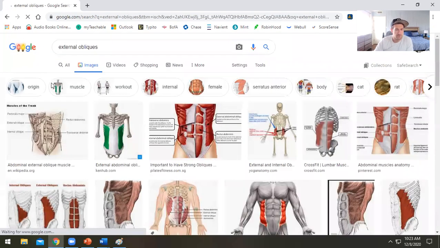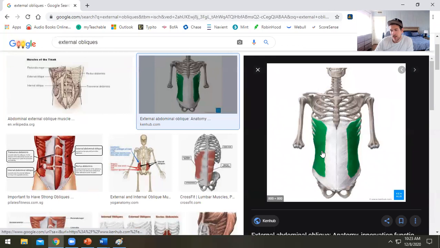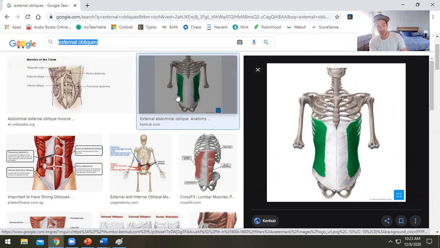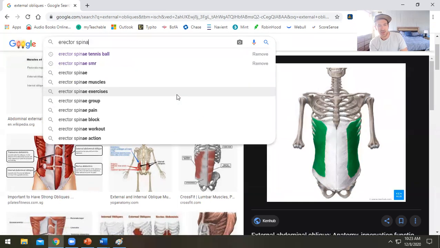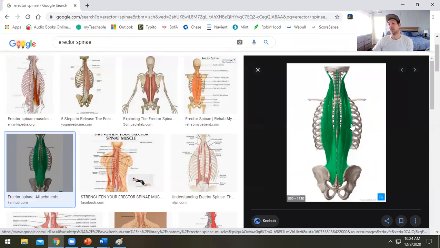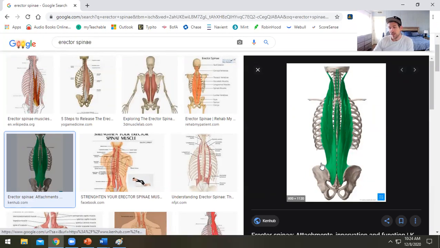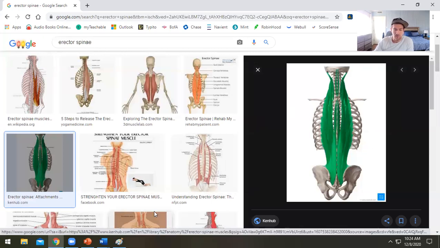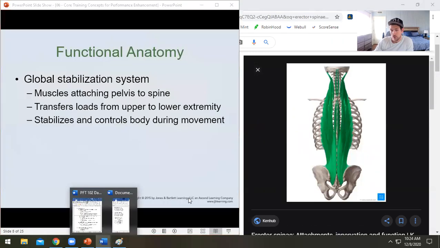They're on the outside right here, moving you side to side and twisting, right? Let's take a look at your erector spinae, right? That's moving your spine into spinal extension. So again, attaching your pelvis to your spine here. So that's going to move us in different directions.